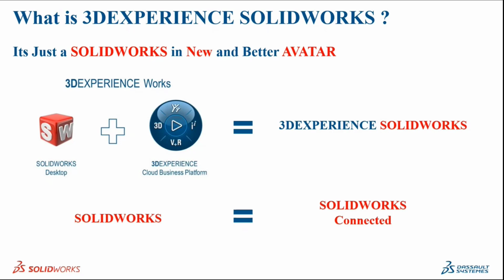Delmia works for automating all your industrial equipment. So there are so many advanced tools along with the platform. In short, whatever SolidWorks we are using currently, right now we call it SolidWorks Connected. There is not much difference. We just have the collaboration environment with SolidWorks, with highly advanced capabilities of Simulia, Delmia, as well as PLM activities.